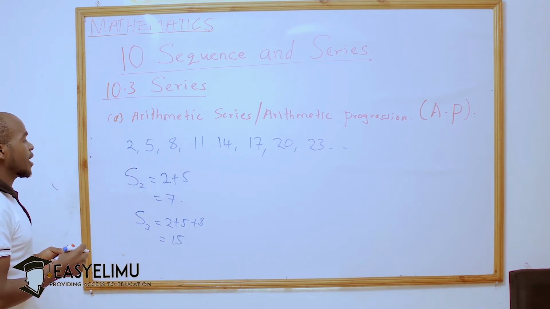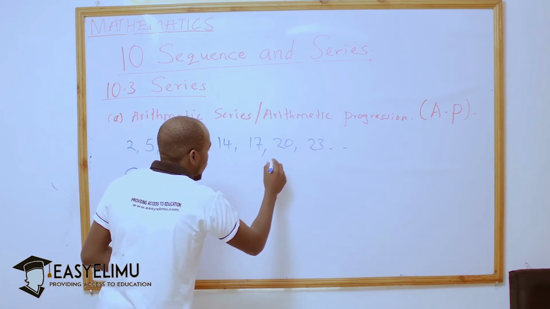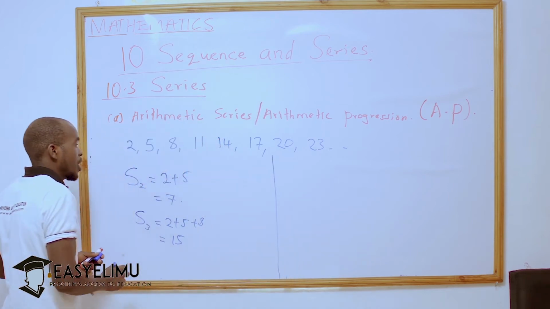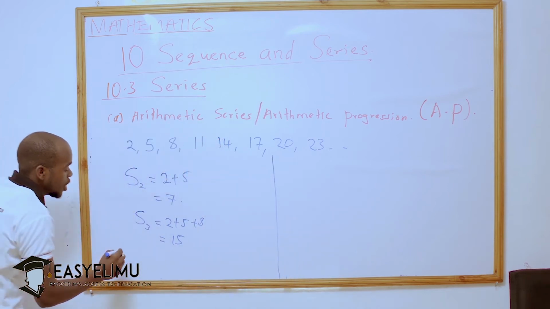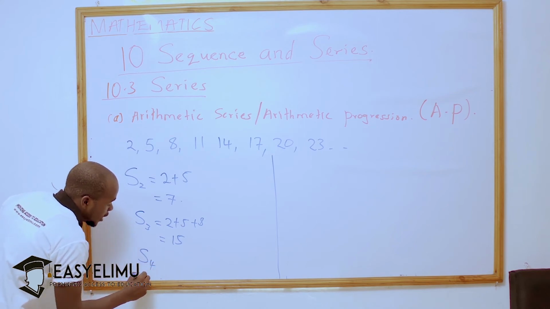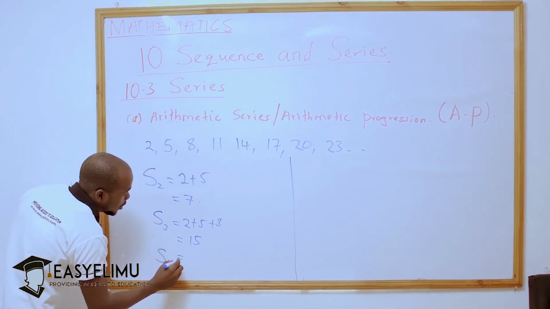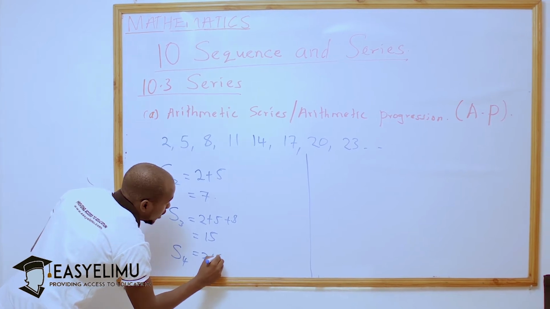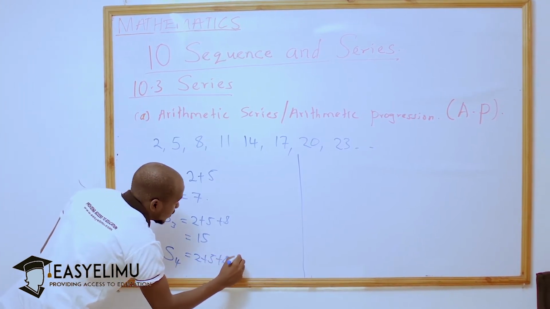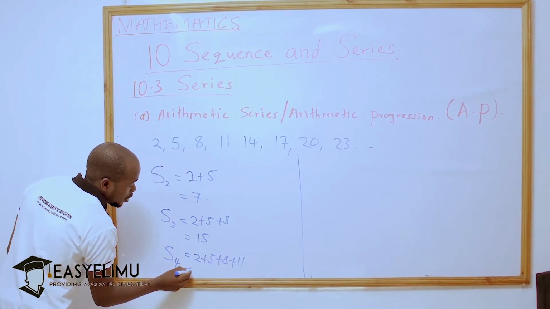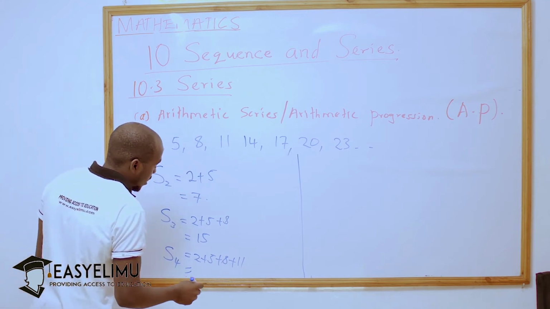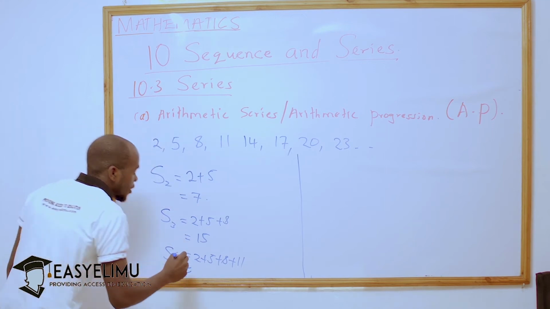In case you want to find S4, it is equal to 2 plus 5 plus 8 plus 11, which gives 26.